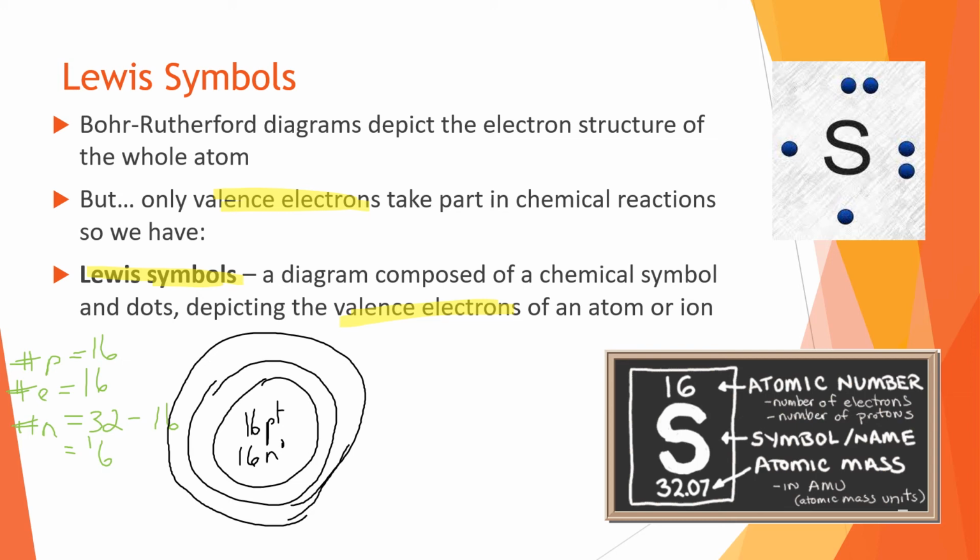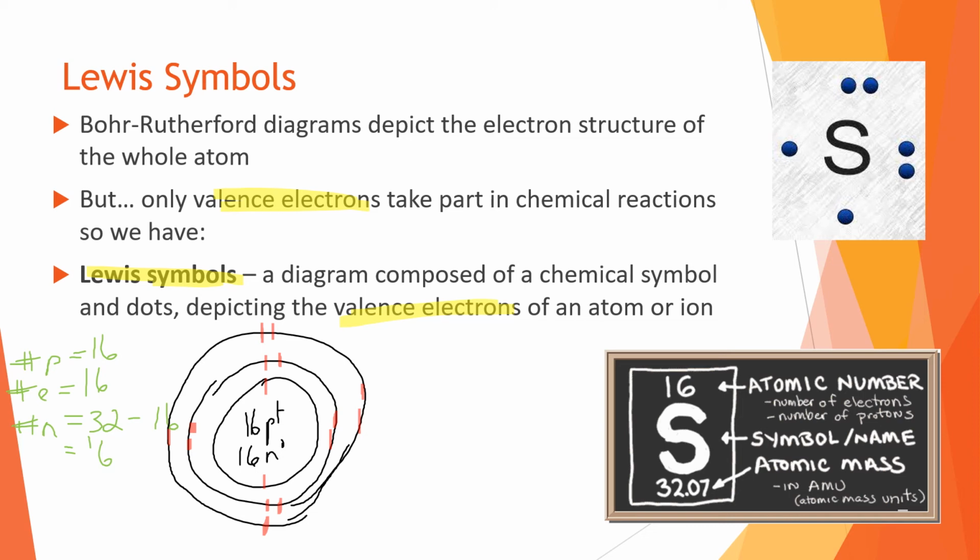So for sulfur, I'm going to have 2 in the first, 8 in the second, which makes 10, and then 11, 12, 13, 14, 15, 16. So in the last orbit, I have 1, 2, 3, 4, 5, 6 valence electrons for sulfur.